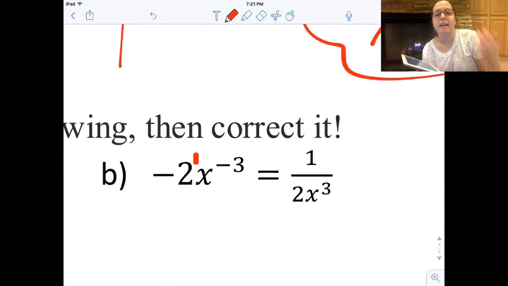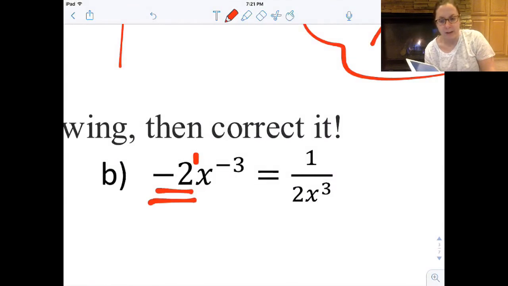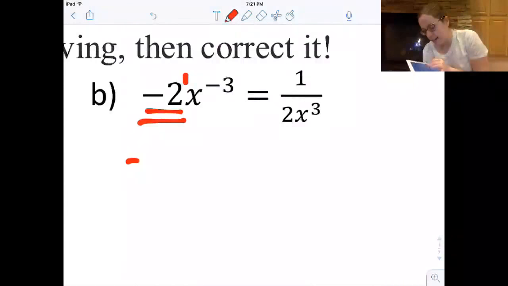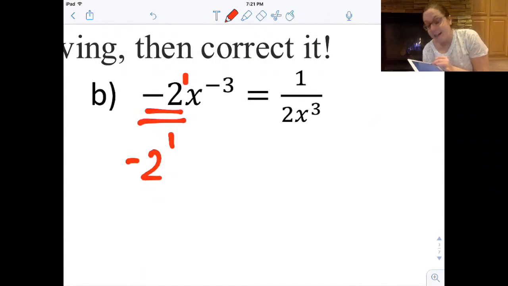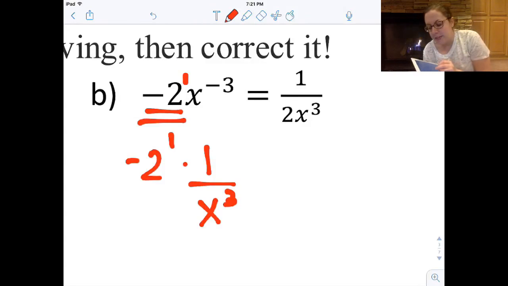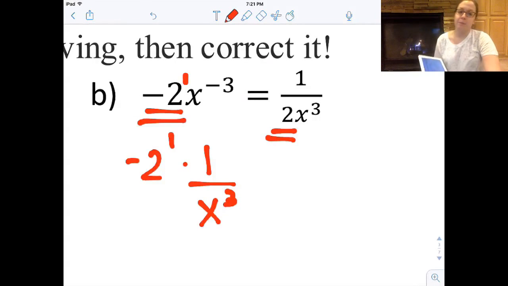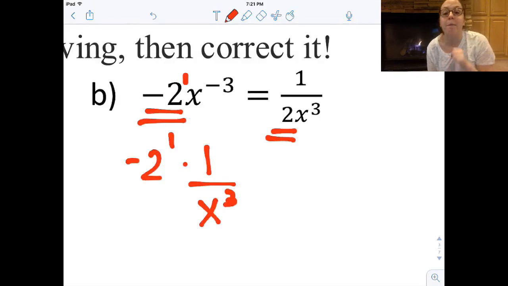X to the negative third, I could make 1 over x to the third. So this person flipped the 2 to the bottom because they got confused between a number being negative and the exponent being negative. A negative number doesn't need to flip. A negative number, it's just negative. A negative exponent means that it flips, okay? So this should be negative 2 over x to the third.